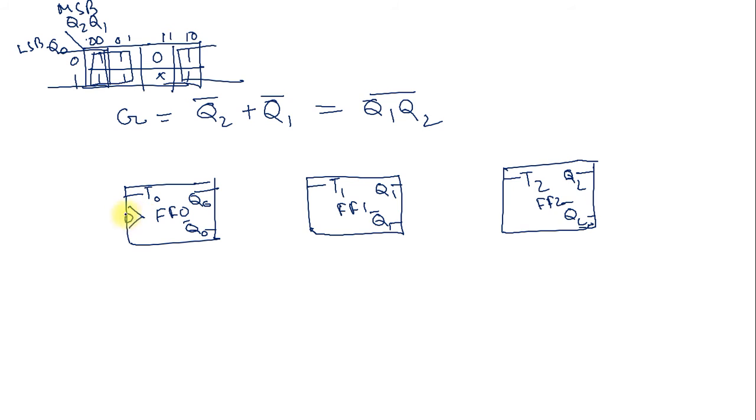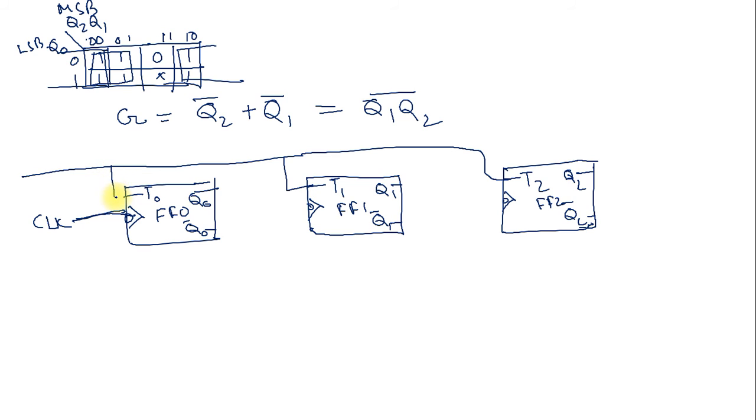All are negative edge triggered, and the clock is connected to the first flip flop. Logical one is connected to T0, T1, and T2, and this Q0 is connected to the clock of FF1.